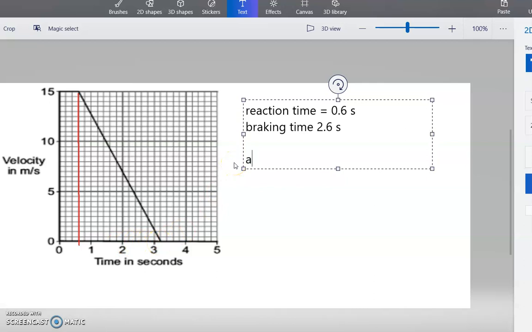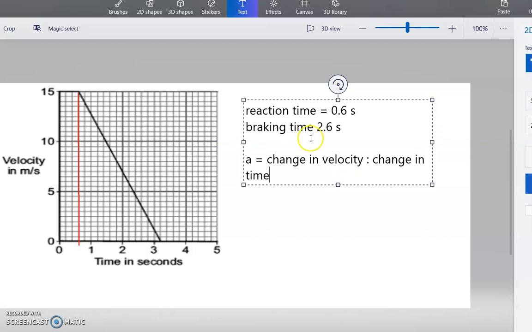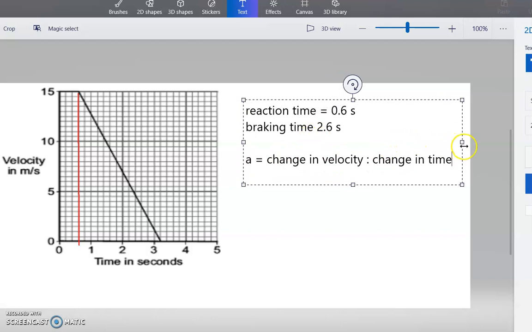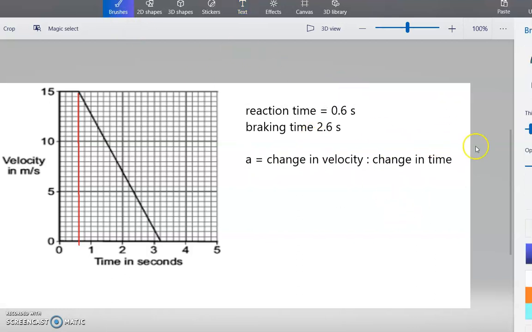So if you remember, deceleration is a change in velocity divided by a change in time. And I can write it down like this.